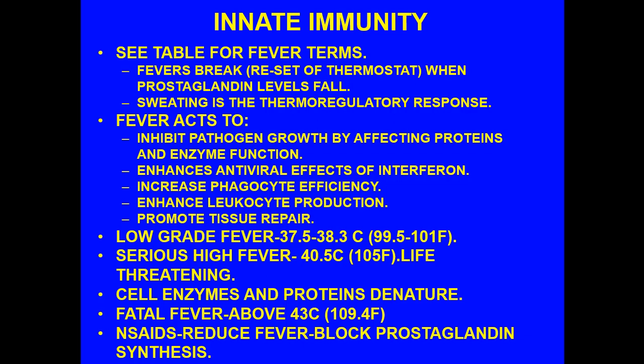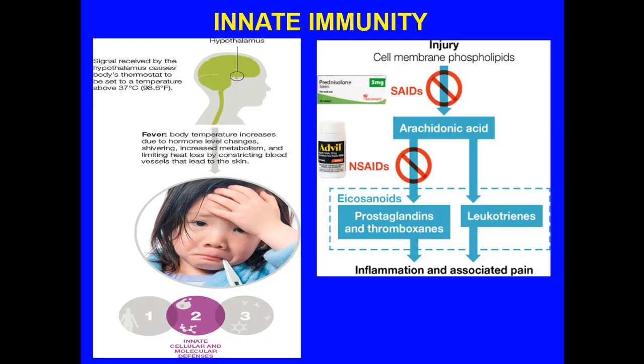Now, we know about nonsteroidal anti-inflammatory substances: aspirin, acetaminophen, ibuprofen. They block prostaglandin synthesis. Here's a poor little girl. She's got a fever, and she's going to feel terrible. Okay?